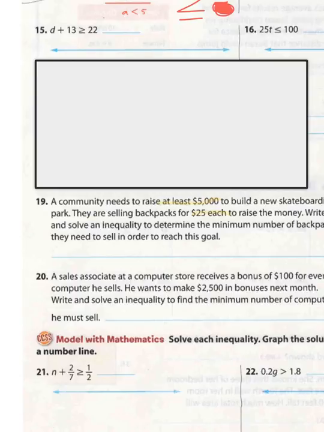So if I'm trying to figure out how many backpacks it's going to take to equal $5,000, well then I would just say 25 times a certain number of backpacks, right? So we're going to say 25 times, let's say, b. Is it saying it equals 5,000? It isn't, right? It says at least.